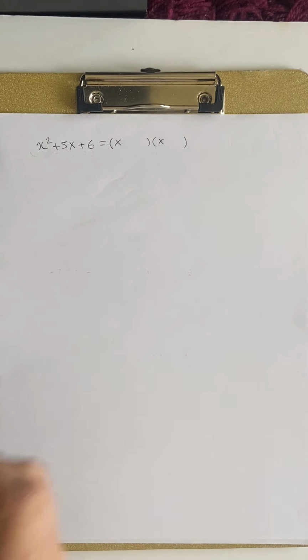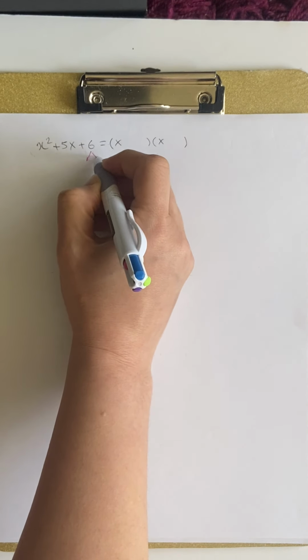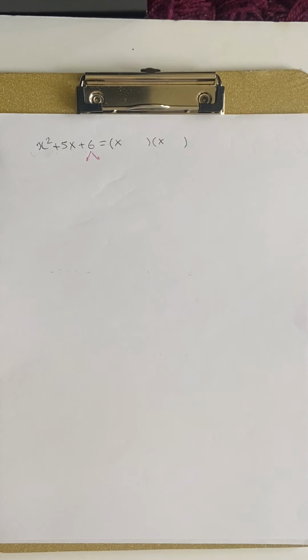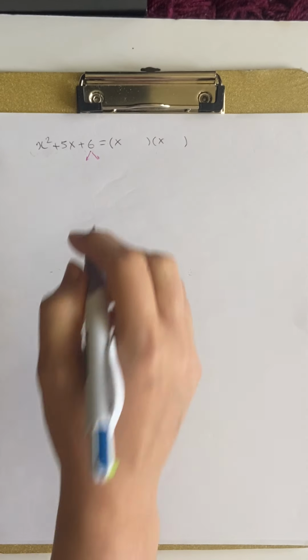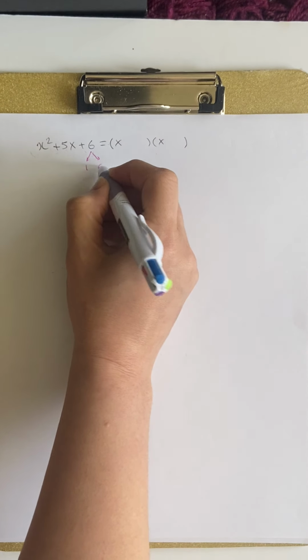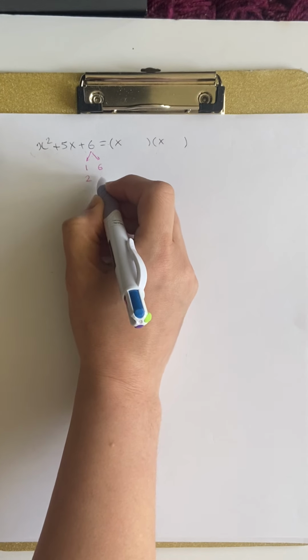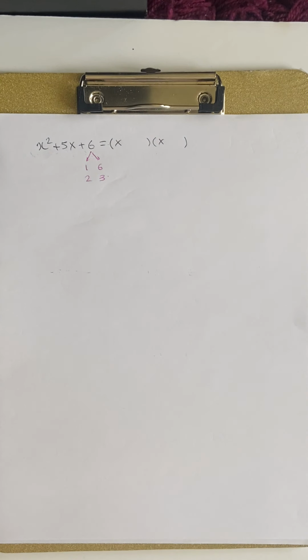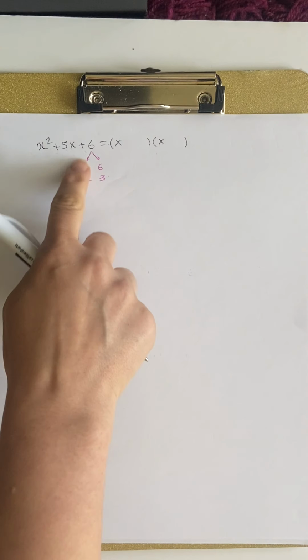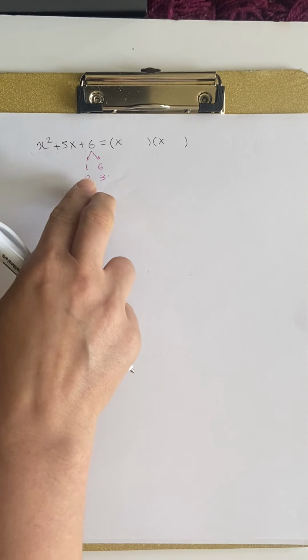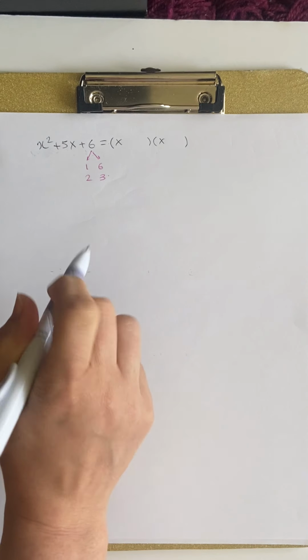The best way is to start with the last number and figure out what two numbers could possibly be there. What times what would give us a 6? 1 times 6, right? And then 2 times 3, right? And there's no other options. So first break it down based on the two numbers that multiply to give us that.